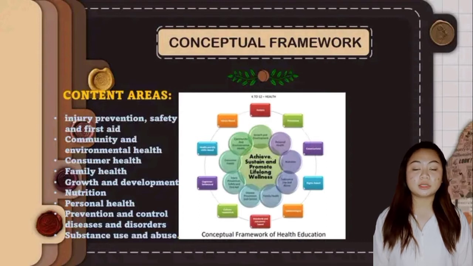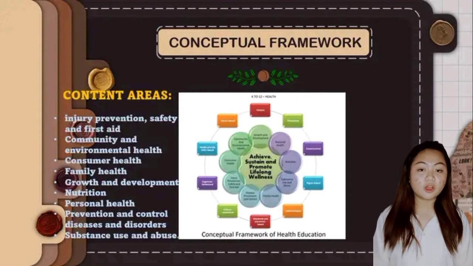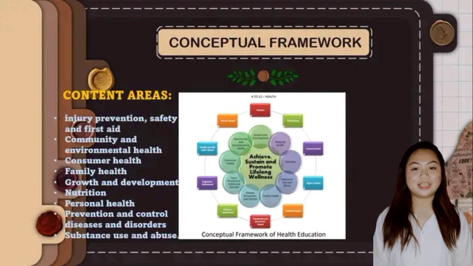Also, self-care. Kung ano bang dapat natin kainin na makakabuti sa atin, ano yung tamang hygiene. Basta dito ang itinuturo kung ano yung tamang dapat gawin na pwedeng makatulong sa ating environment or sa ating community.